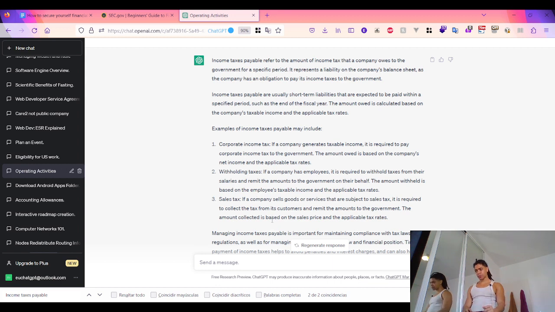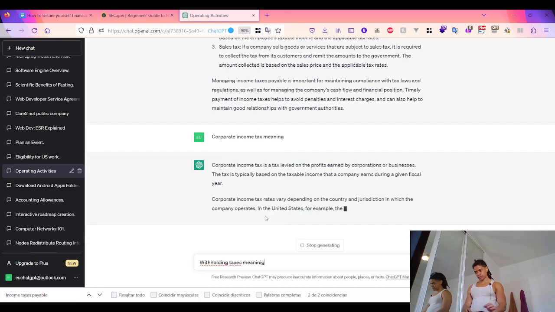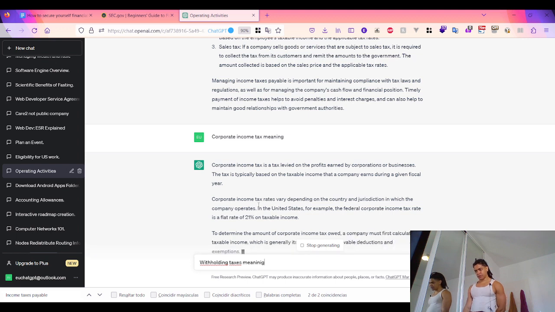Okay, so examples of income tax payable may include corporate income tax, meaning here we go, withholding taxes. Corporate income tax is tax levied on the profit earned by a corporation or business.